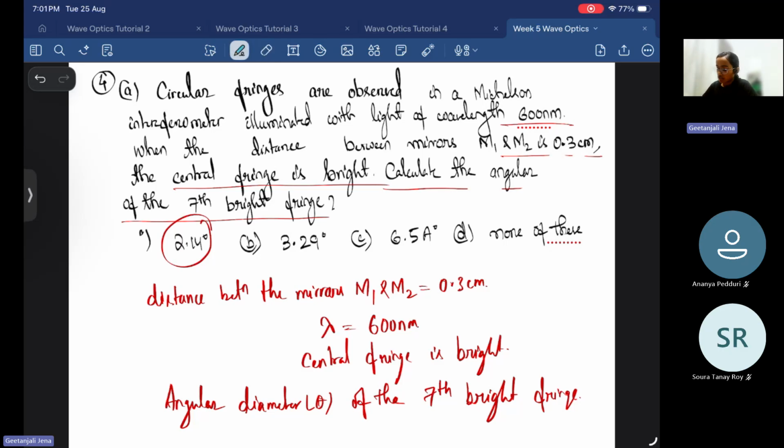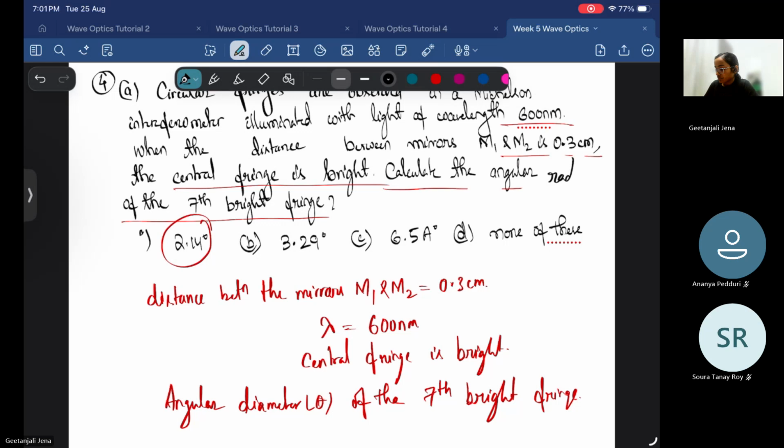So let us say this is radius. What I mean is, some may find this is the solid angle.